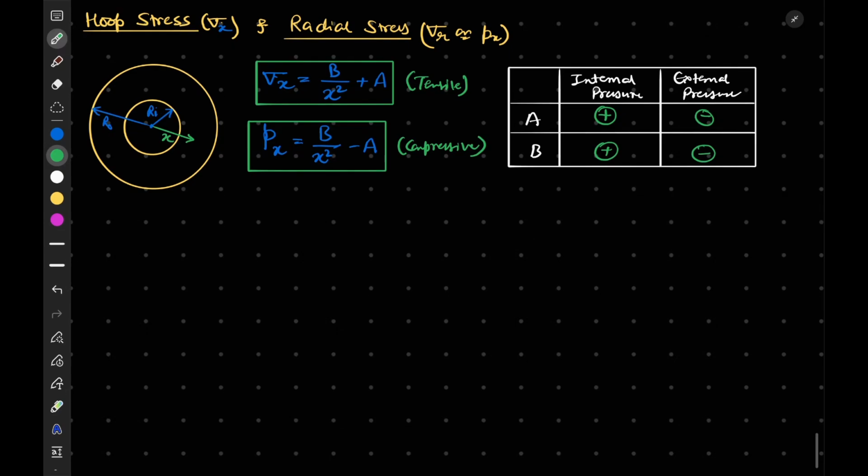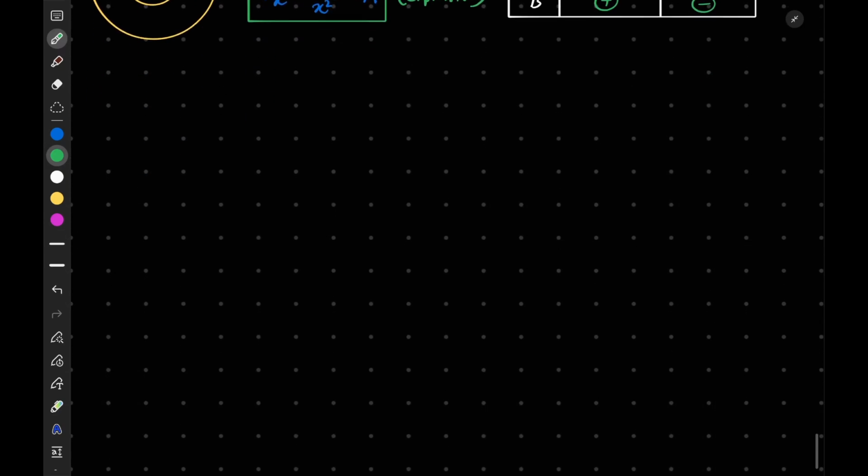Now let's talk about how to calculate these values of a and b. In the next topic we will talk about the determination of a and b values.